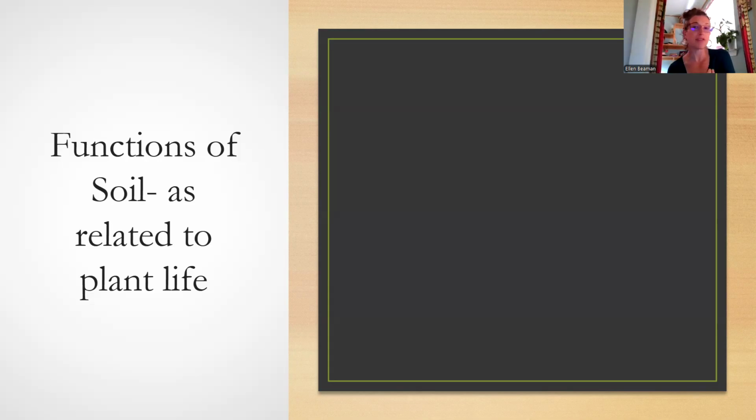So, it's important to understand that while soil has many, many functions on the planet, and there are many different benefits that human beings specifically derive from the soil, as well as all of the systems on Earth, there are three functions specifically related to plant growth. The first is the soil acts as a bank of nutrients and minerals.